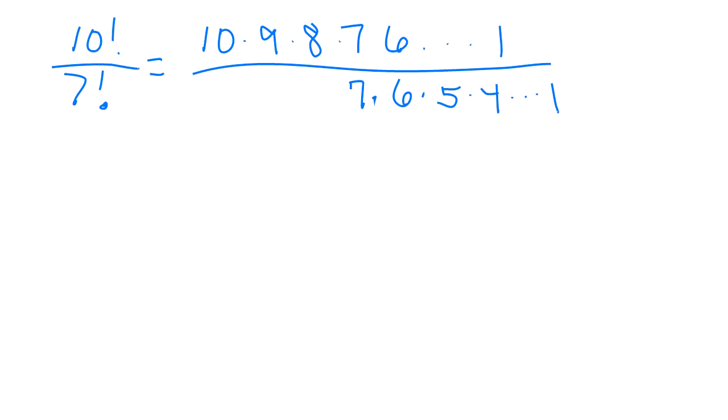This is the same number as above, and those numbers are going to cancel because 7 divided by 7 is 1. 6 divided by 6 is 1. 5 divided by 5 is 1, all the way down to 1. So 7 factorial and 7 factorial are going to cancel. So then you're just using the 10, 9, 8? Yeah, that's going to leave you with the 10, 9, 8.